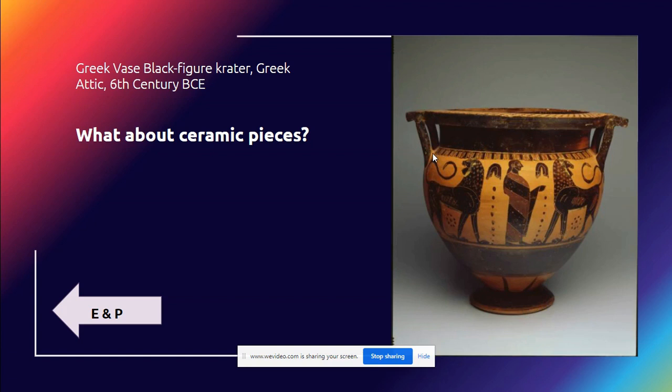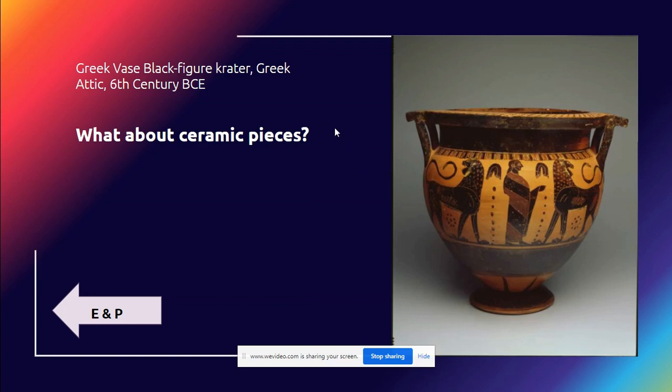If you noticed a pattern, good work finding that principle of art. We can see that it's very balanced. We have one lion here and another lion on the other side, with the figure in the middle. Also, the vase is balanced very well by a handle on one side and a handle on the other.